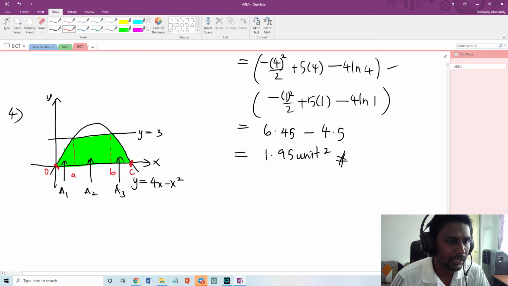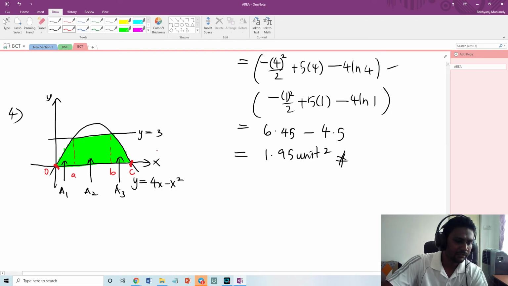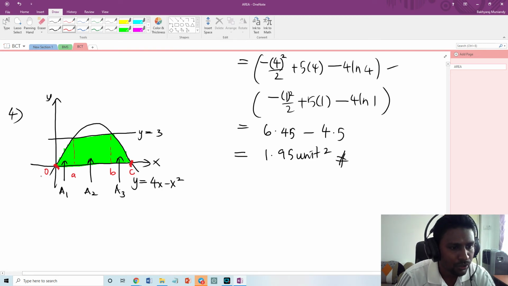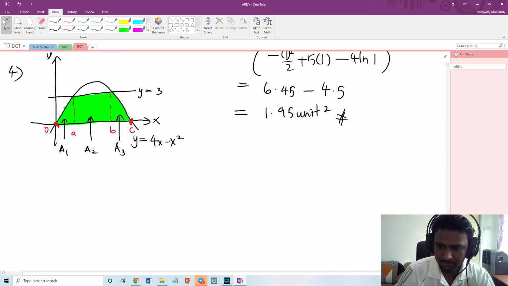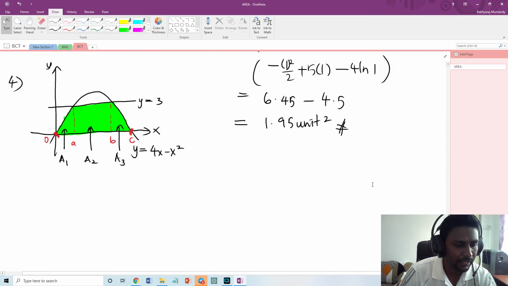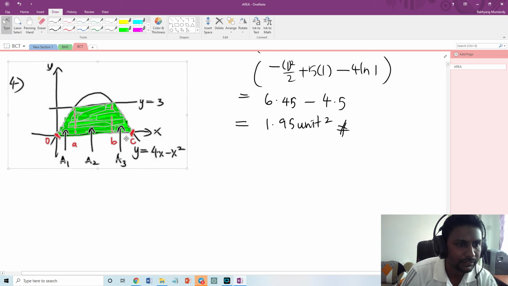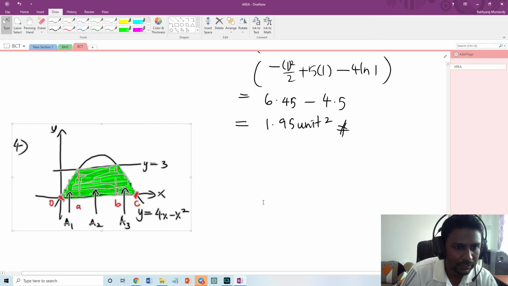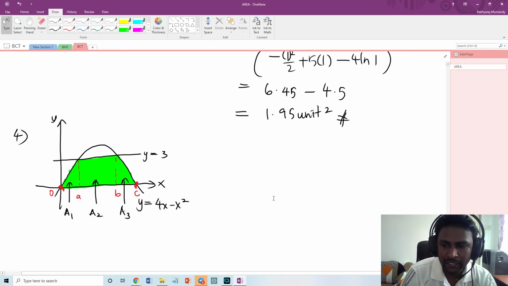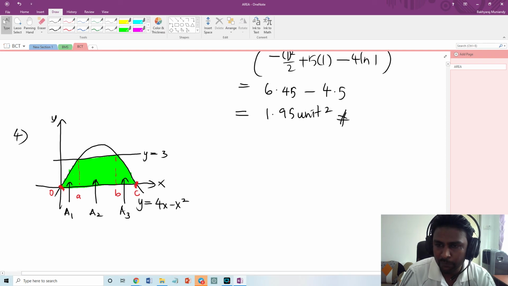So kita ada 4 limit, we have 4 limits to understand: 0, A, B, C. Is it okay with the question? Okay with the diagram? Ada siapa-siapa nak tanya apa-apa? Anything, any question so far? Okay, I think can follow.